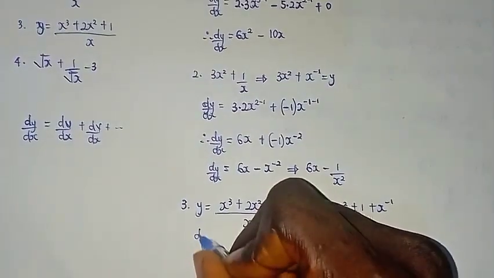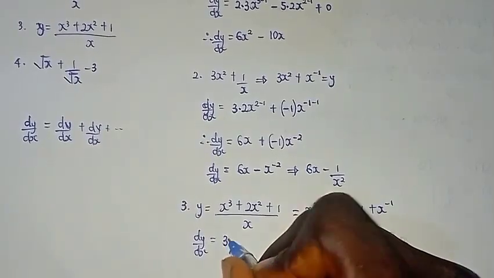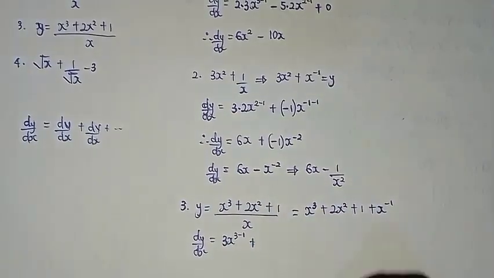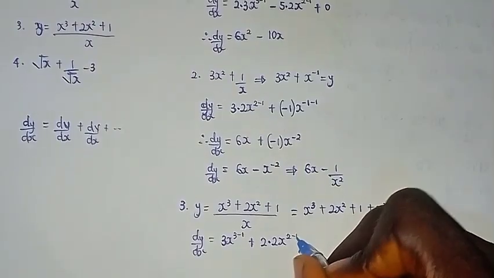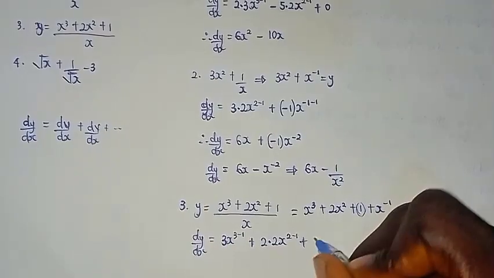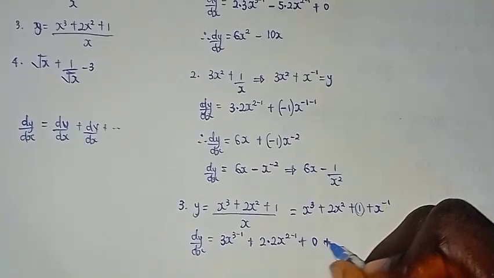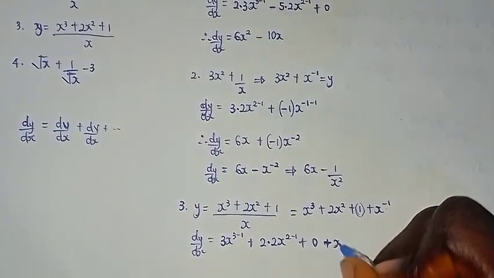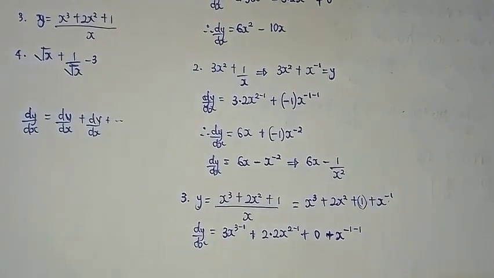So our dy over dx becomes 3x to the power 3 minus 1, plus 2 multiplied by 2x to the 2 minus 1, and then this is a constant. If we differentiate the constant, we'll get 0. And then plus minus 1, let's just put negative here, and then this becomes x to the minus 1 minus 1.